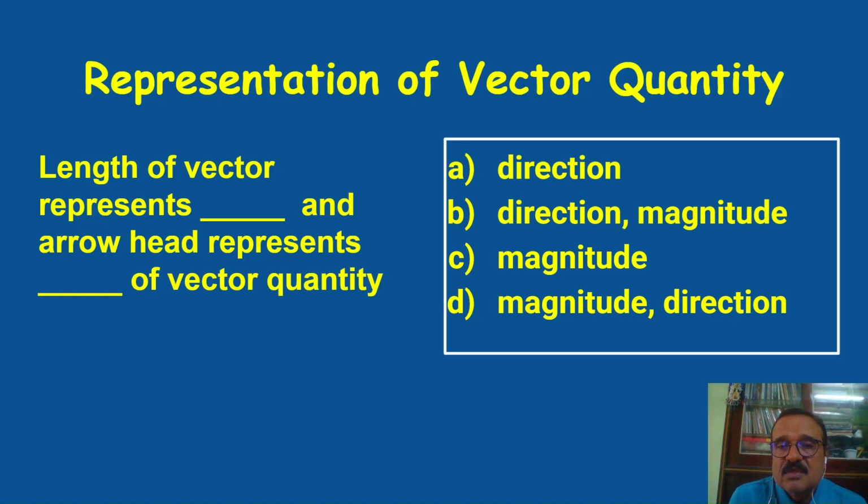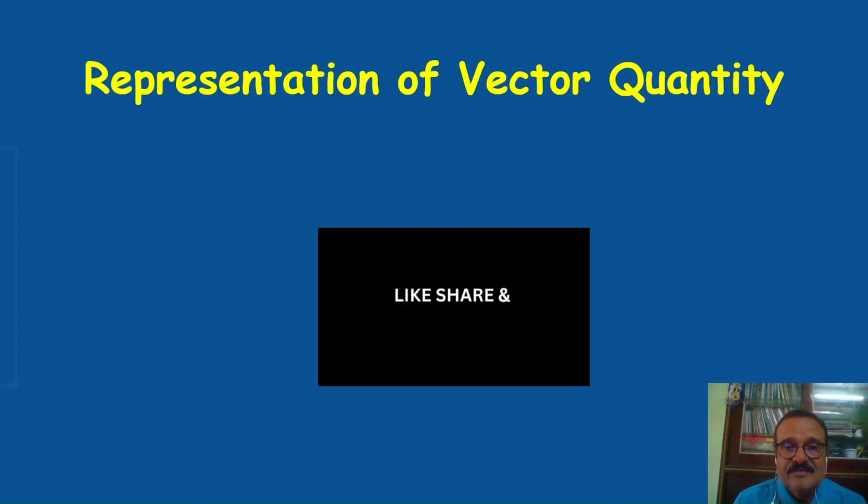The first choice is direction, that is A. Second, B, direction, comma, magnitude. C, magnitude. D, magnitude, comma, direction. You will have to answer this multiple choice question in the comment box.